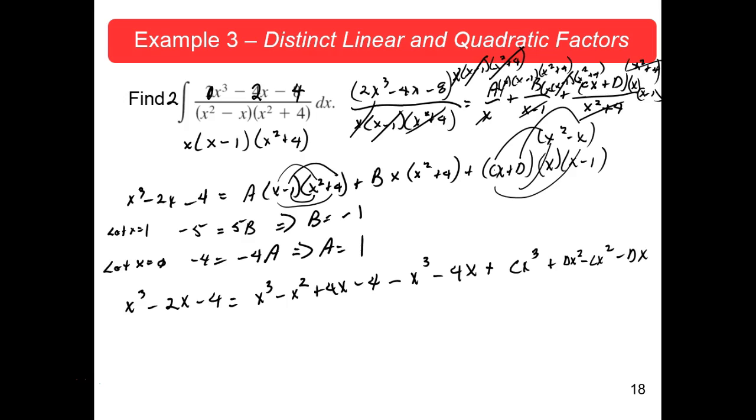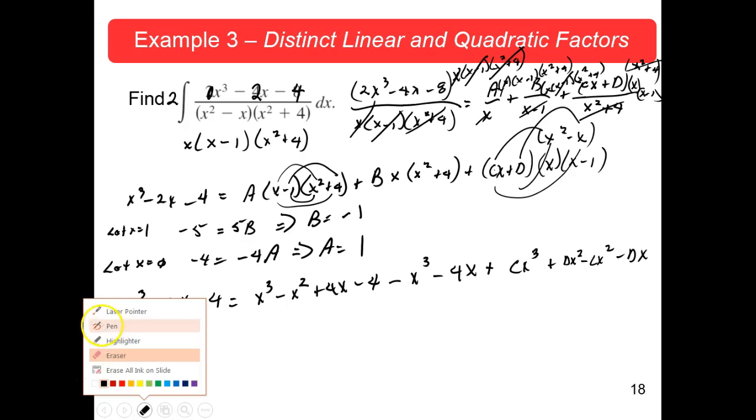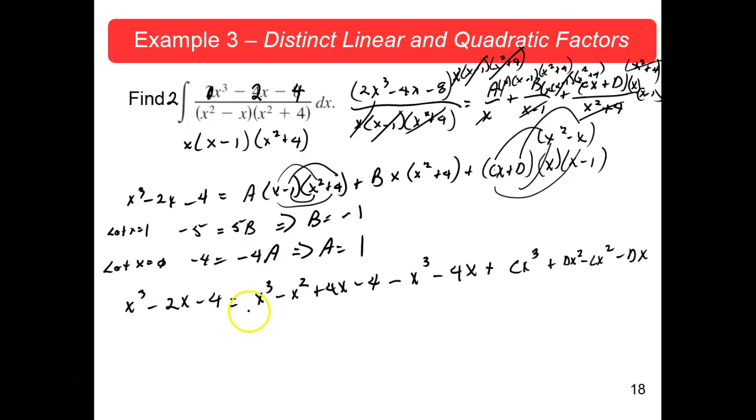Okay. Now let's start combining like terms. Let's start with the cubic terms. Here's an x cubed minus x cubed. I can get rid of those. I think those are the only ones that'll go that easily. Nope. Here's a minus 4x and a plus 4x.